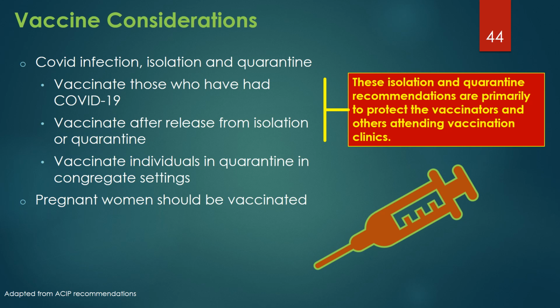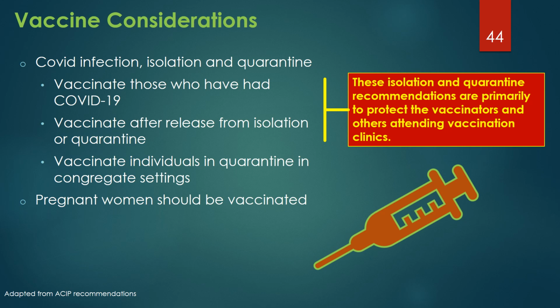Individuals who have had symptomatic COVID disease or have been asymptomatic test positive should be vaccinated, but vaccination should be deferred until those individuals are out of isolation and symptoms are improving. Quarantined individuals should be out of quarantine before being vaccinated.